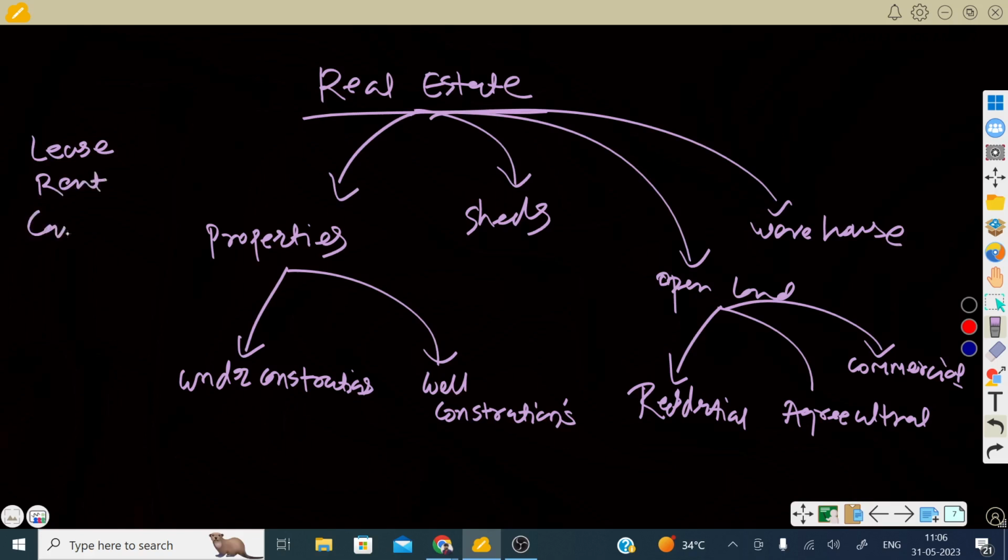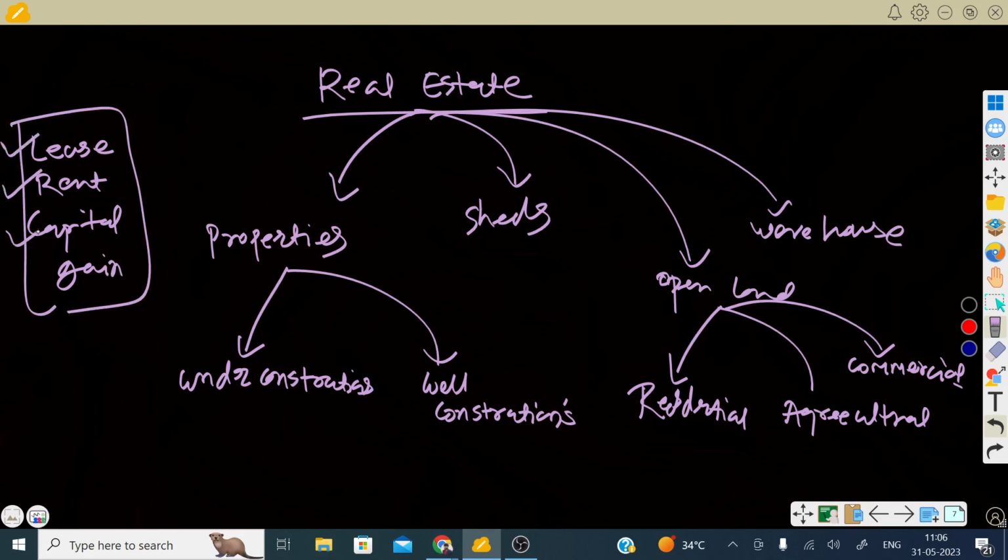Yes. Capital gain comes into picture. So you need to apply the accounting treatment: lease, rent, capital gain.